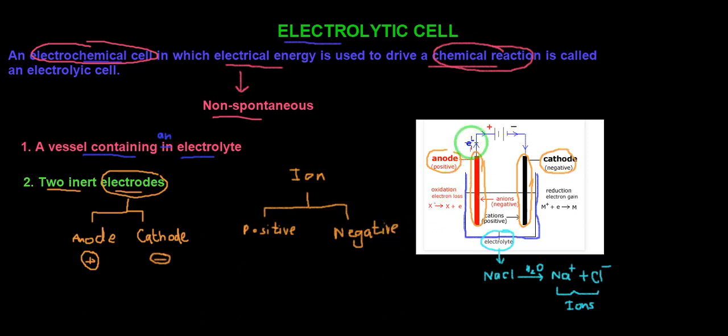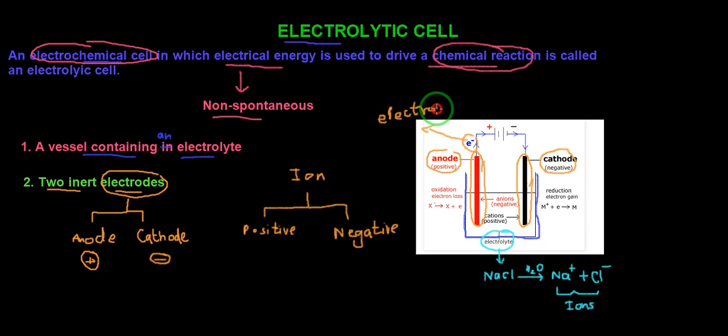As you can see in this diagram, this small e represents an electron. What do you mean by this negative sign? The negative sign means that the electron has a negative charge.